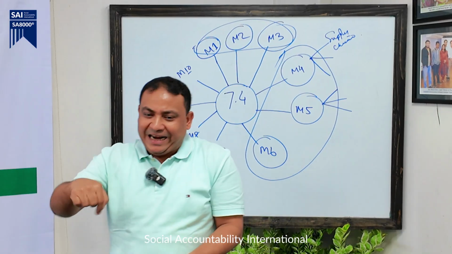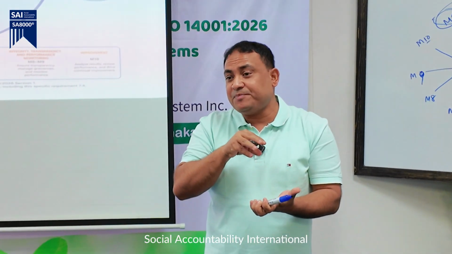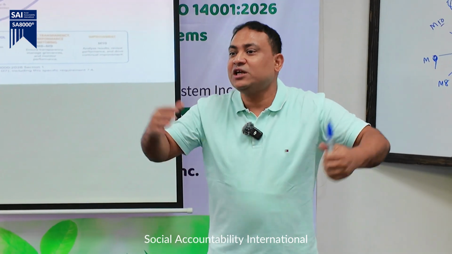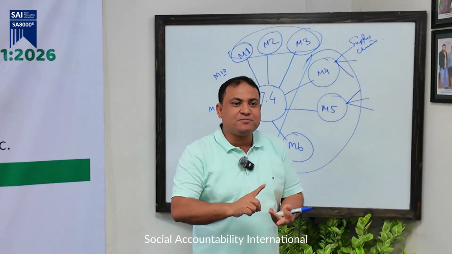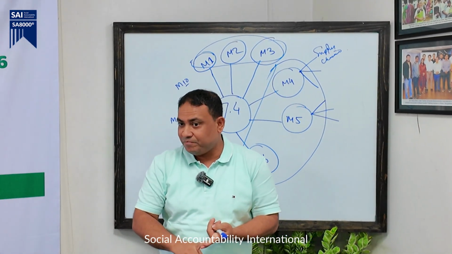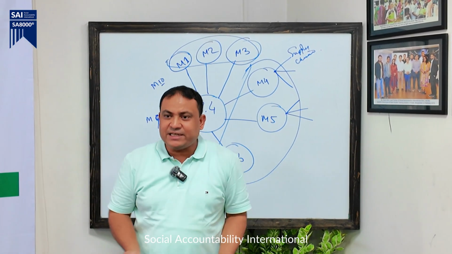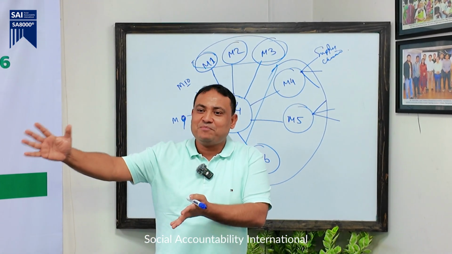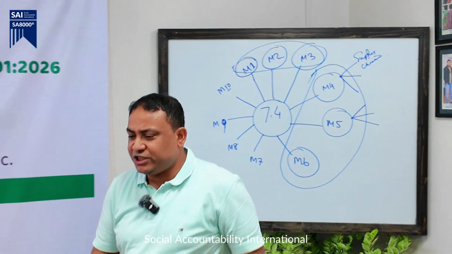Like in M4 entirely it is talking about top management commitment towards human rights. So they will establish policies, procedures, processes and management system to manage their own operations, to manage their supply chain and other business partners. So in this case they will formulate the policy and procedure.